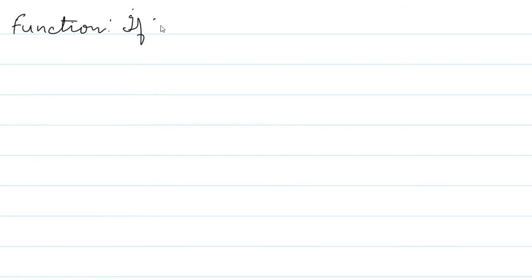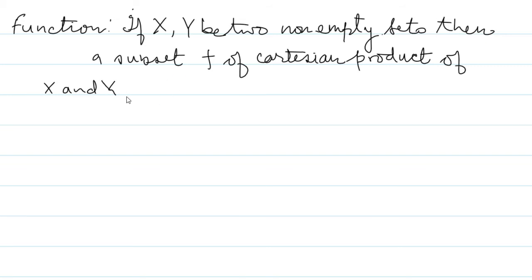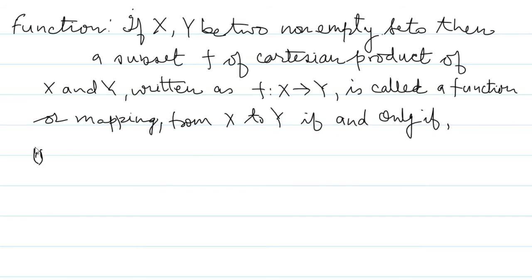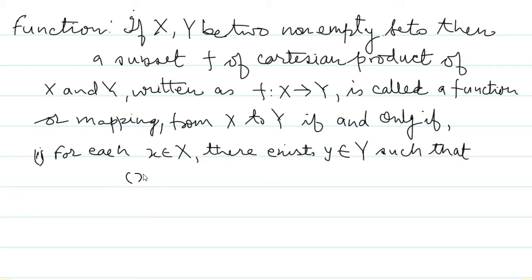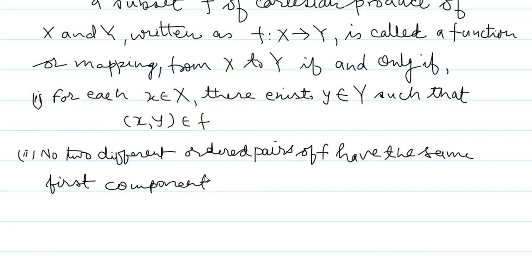Function. If X and Y are two non-empty sets, then a subset f of the Cartesian product of X and Y, written as f ⊆ X × Y, is called a function or mapping from X to Y if and only if, first, for each x belonging to X, there exists y belonging to Y such that (x, y) belongs to f, and second, no two different ordered pairs of f have the same first component.